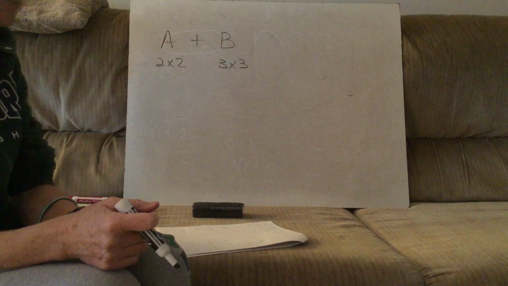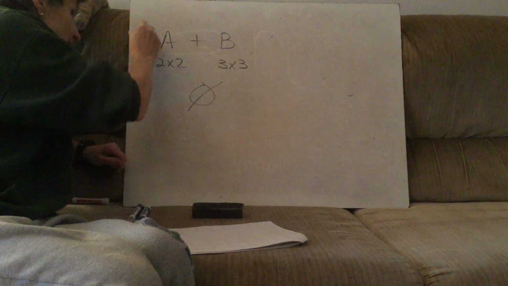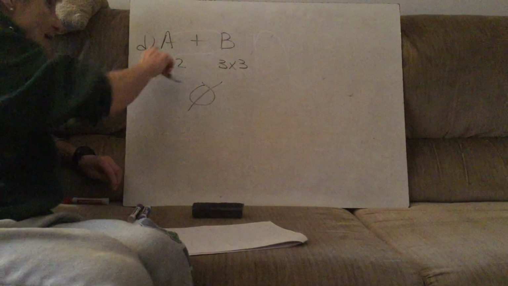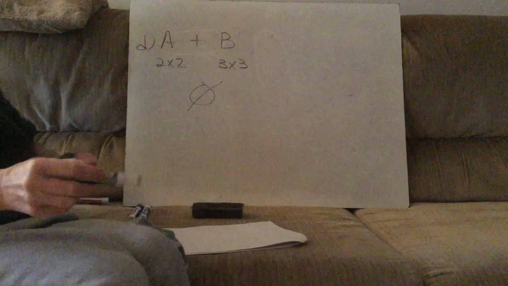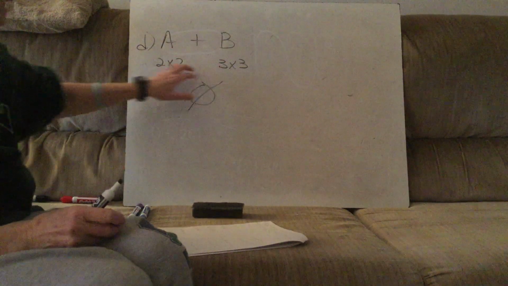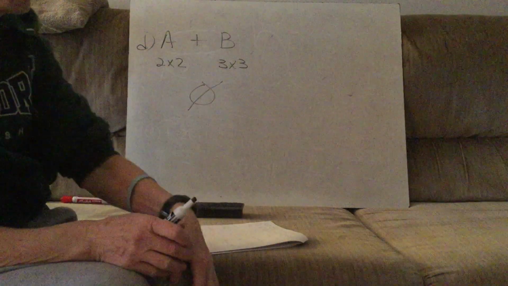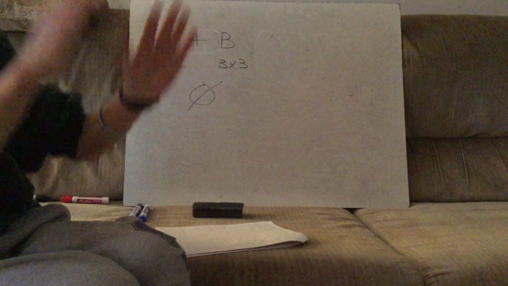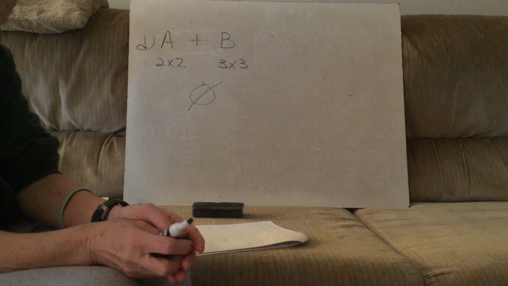No, they cannot be added. So problem D says A plus B is not doable because in order to add or subtract matrices, they have to be the same size. So if you want to add them, they'd have to both be 2 by 2s, or both be 3 by 3s, or both be 5 by 8s, or both be 11 by 16s. Doesn't matter. They just got to be the same if you're going to add them.